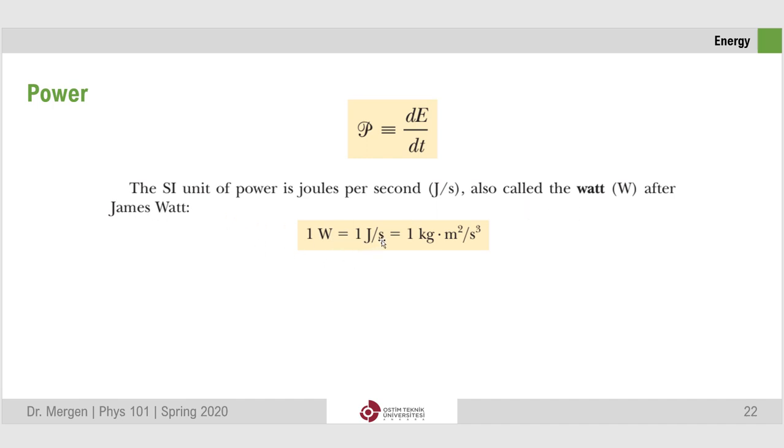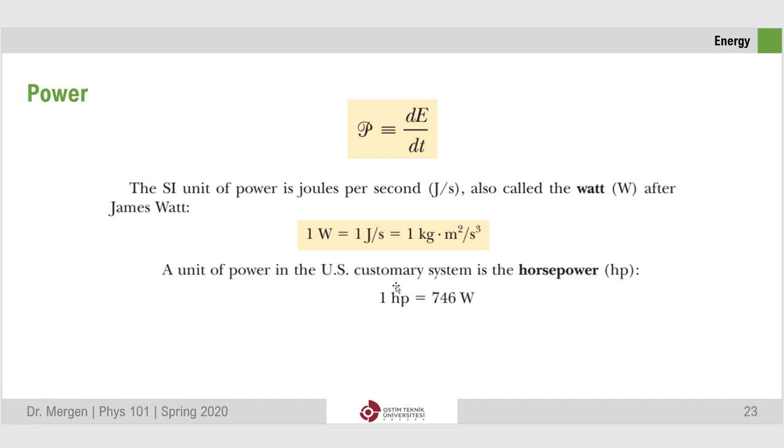So 1 watt is equal to 1 joule per second, and if you make the necessary conversions to the SI unit system, you will have 1 kilogram meter squared over seconds cubed.